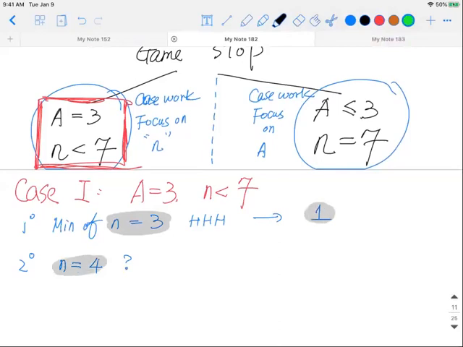Then you flip an extra time, regardless of whether it's a tail or a head, it's going to be 3 plus 1 or 3 minus 1. So there's no way to flip 4 times and still maintain A equals 3. So this is not going to happen.